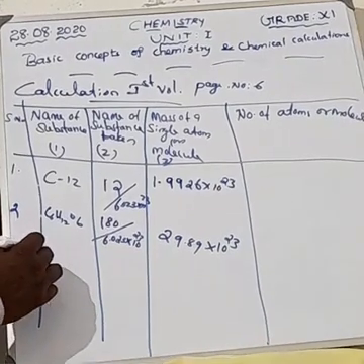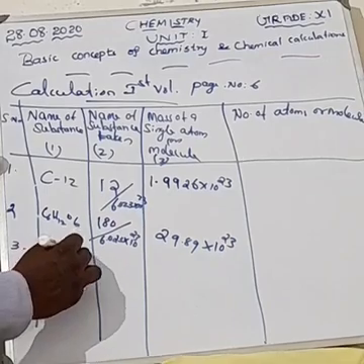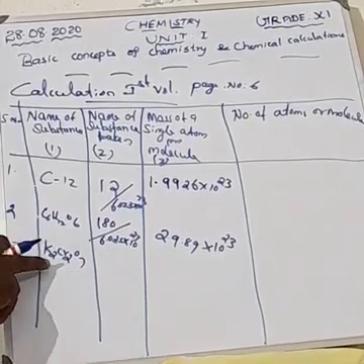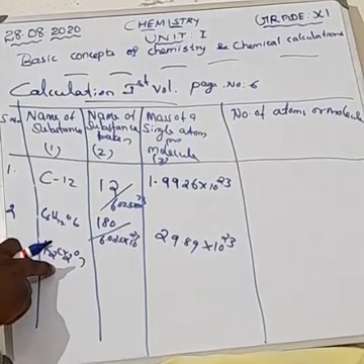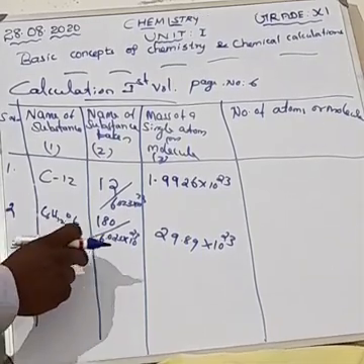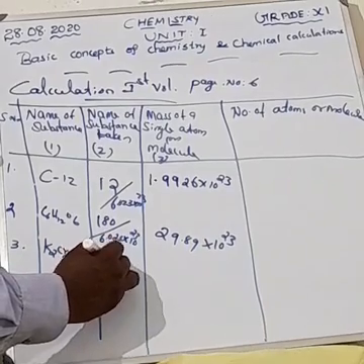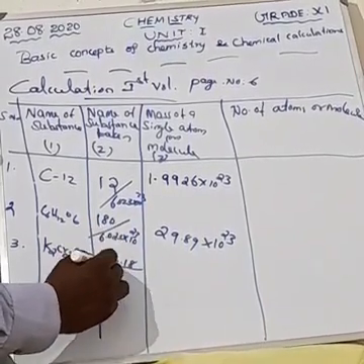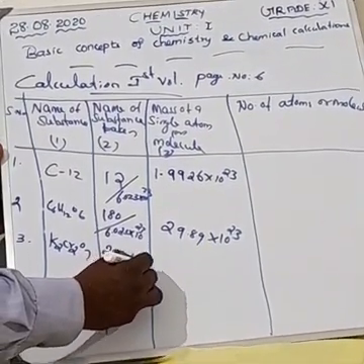The formula for potassium dichromate is K2Cr2O7. Say all of you, what is the formula? Potassium dichromate, K2Cr2O7. Here the total molar mass is 294.18. 294.18 divided by 6.023 into 10 raised to 23.